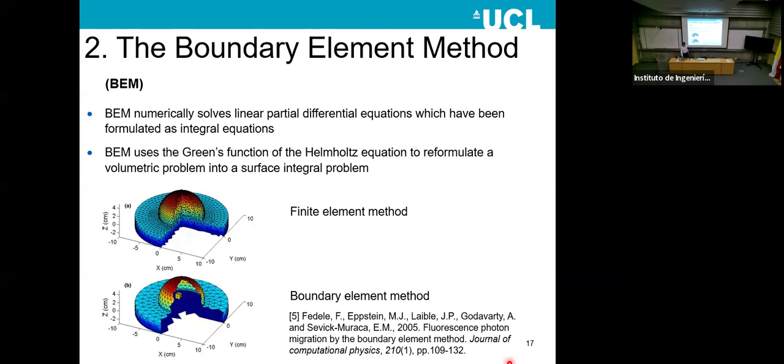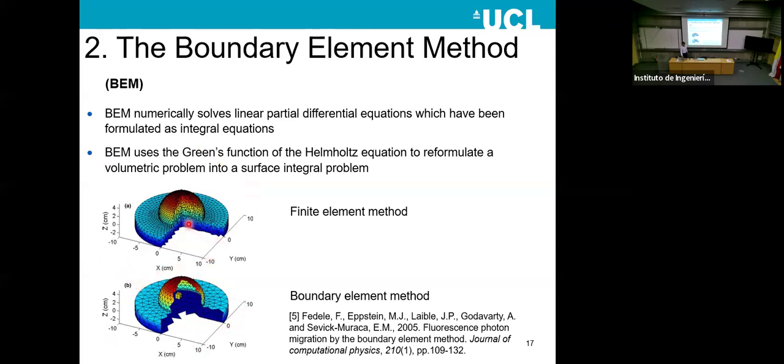So this example here is not specifically related to therapeutic ultrasound, but I thought it was actually quite useful. This is a mesh you would get with the finite element method, and this is the boundary element mesh to solve the same problem. So you notice two things.